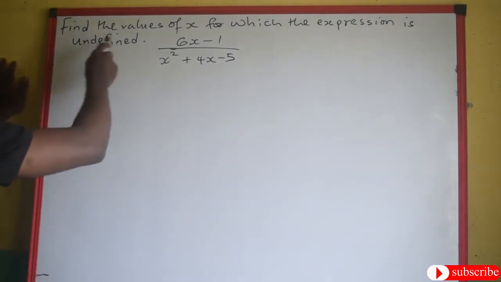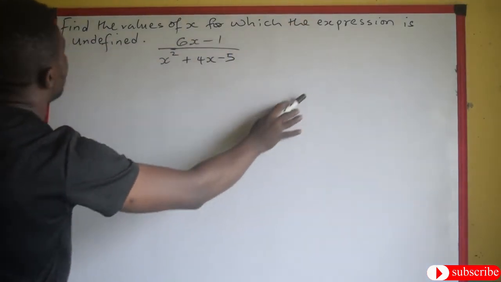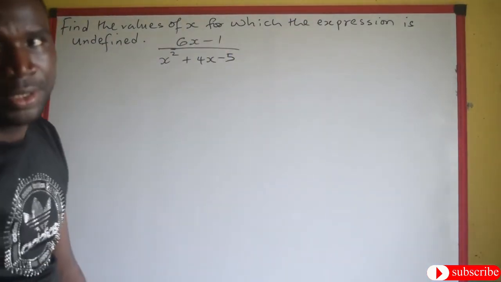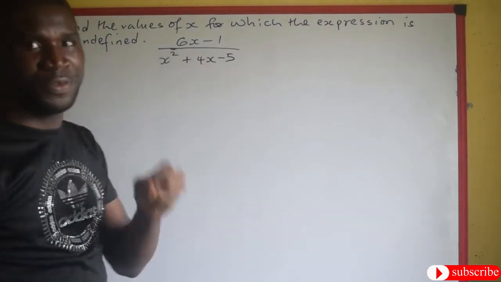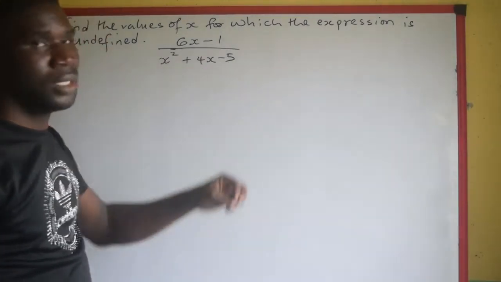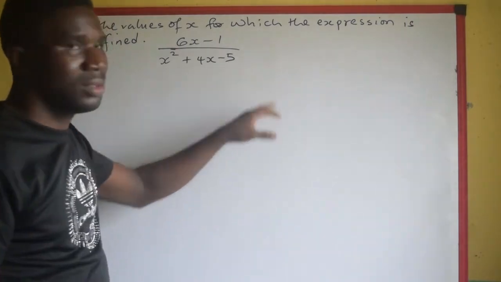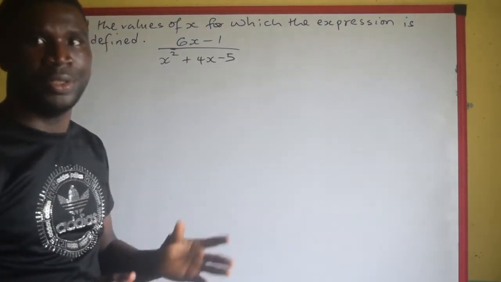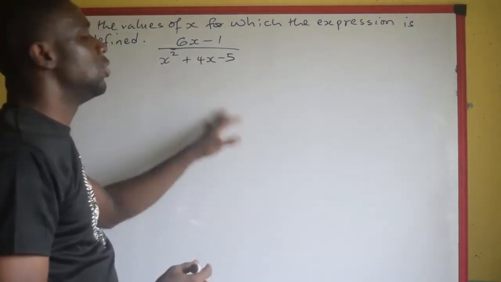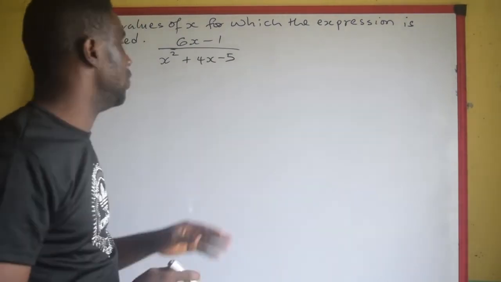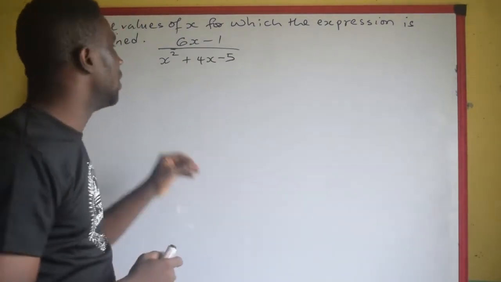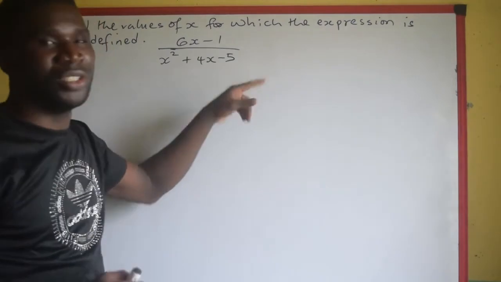So in this example, the question says find the values of x for which the expression is undefined. So you have to find the values of x which will make this entire expression undefined. I told you that the first step you should take is to consider the denominator. Our interest is focused only on the denominator.